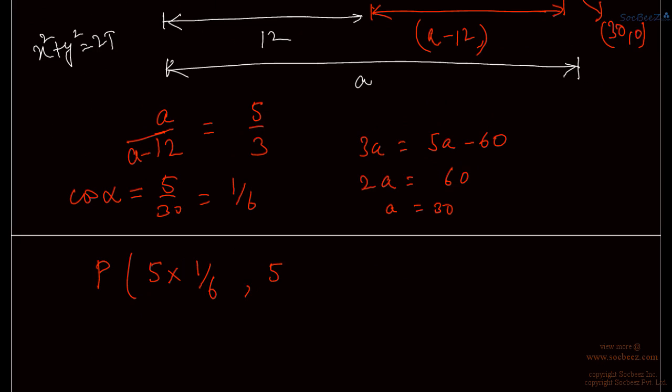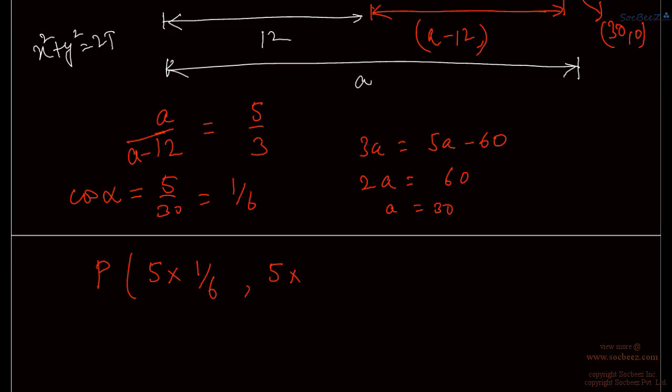R is 5 here. 5 into cos alpha, 1 by 6, and R sin alpha, which is 5 times sin alpha. There will be two values of sin alpha. One will give the upper tangent and another will give the lower tangent. So let us find the upper tangent, so that will be a positive value.